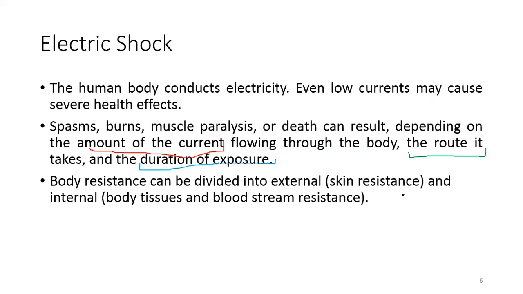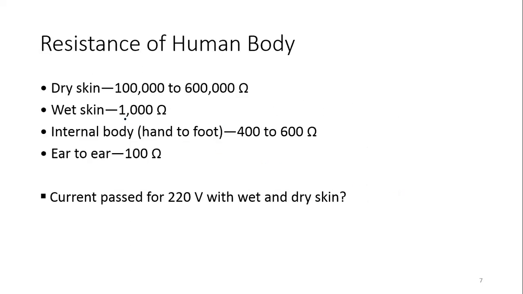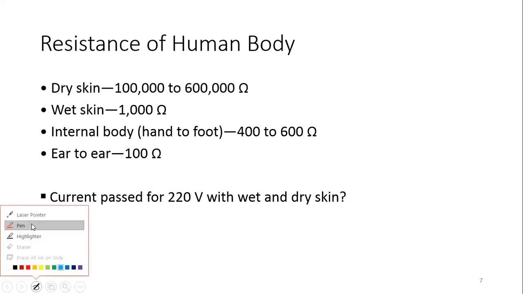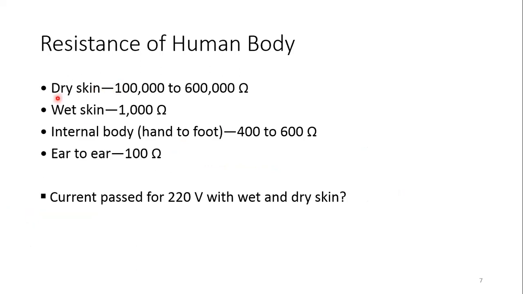Skin resistance differs if the skin is wet or dry. If the skin is dry, the resistance will be higher compared to wet skin. Dry skin resistance is 100K to 600K, whereas wet skin resistance is only 1 kilo ohm. So the loss with wet skin will be higher.